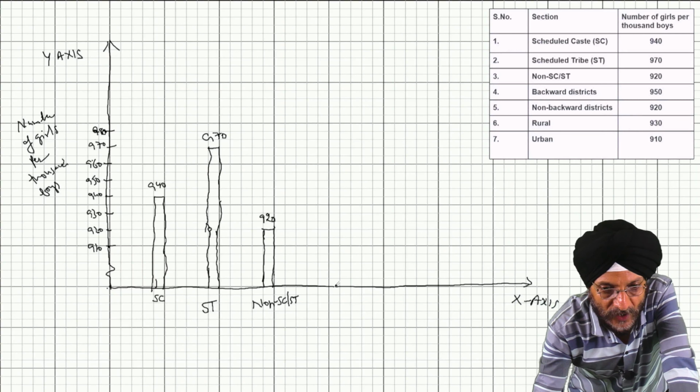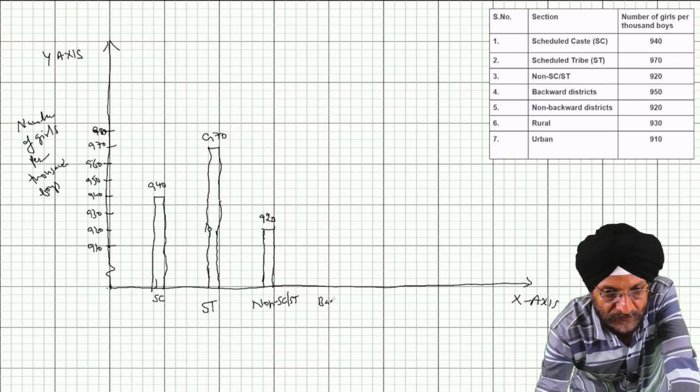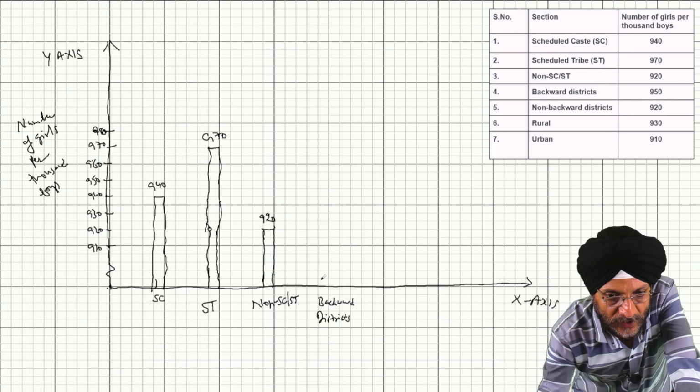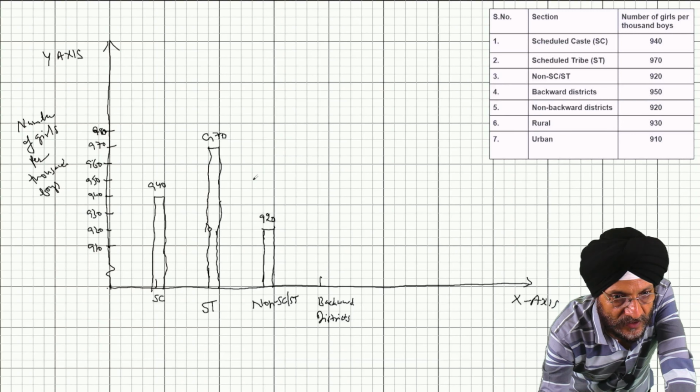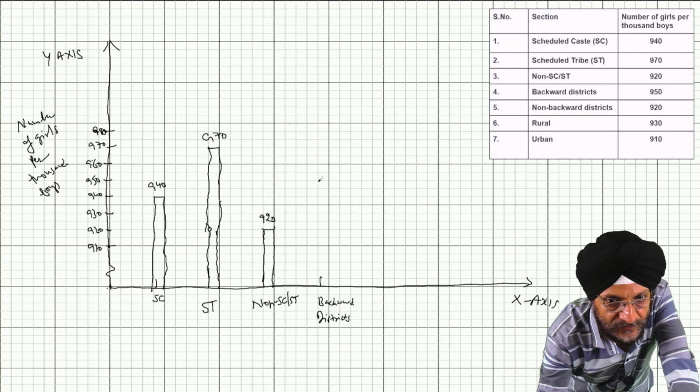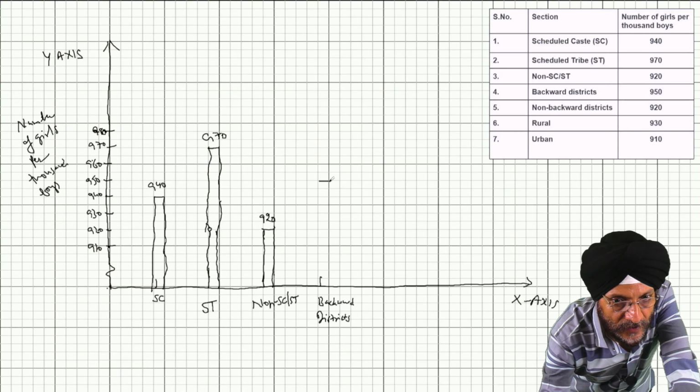So now backward districts. Backward district, so here it will be here. This is 950. 950 is here.